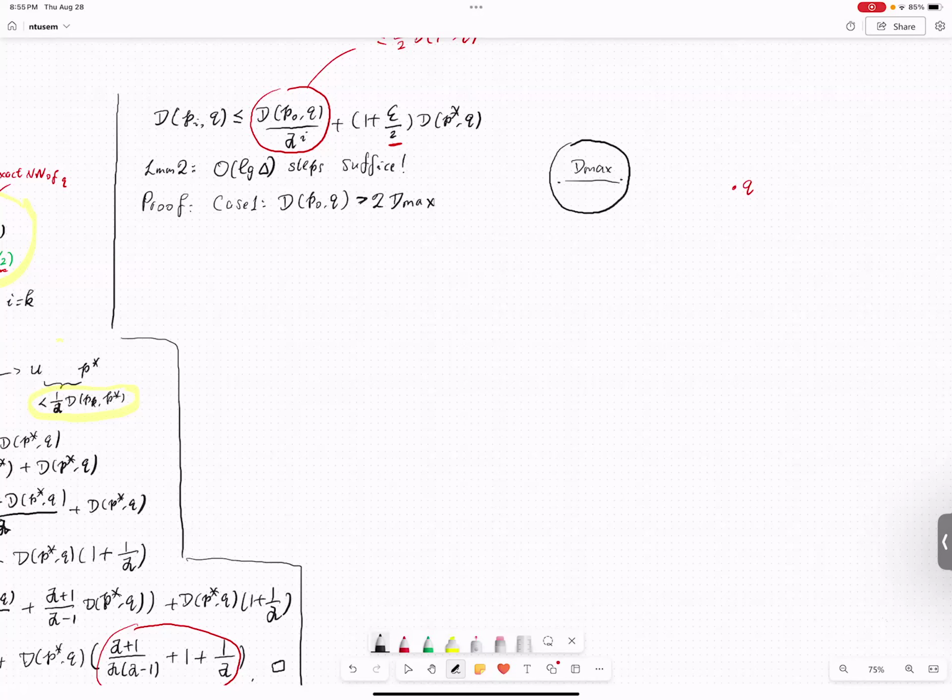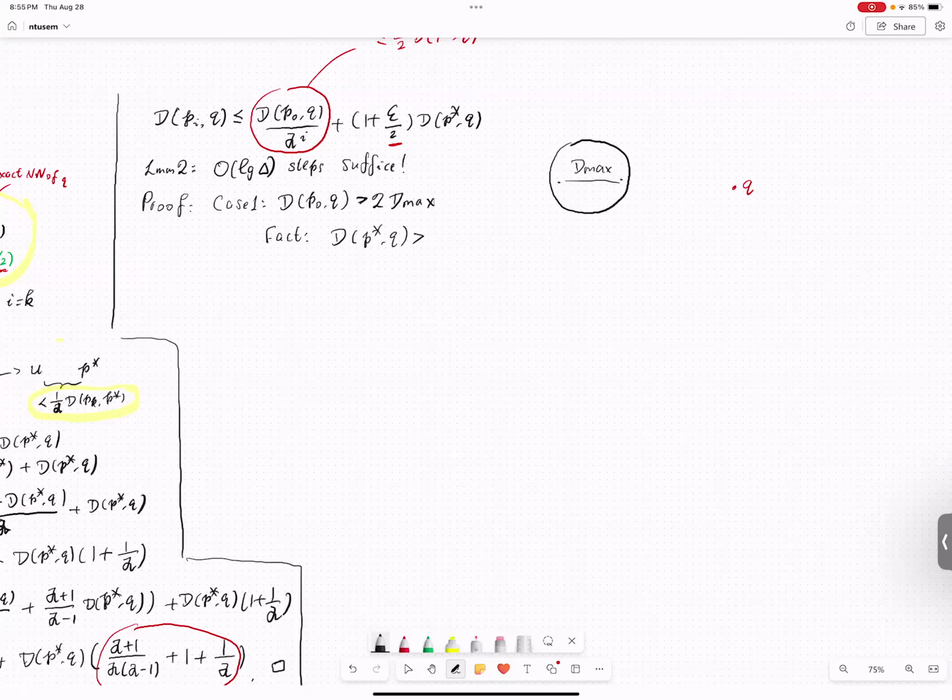Now let's first look at the fact. Here I apply the triangle inequality. So this d(P star, Q) is greater than or equal to d(P0, Q) minus d(P0, P star), by the triangle inequality.